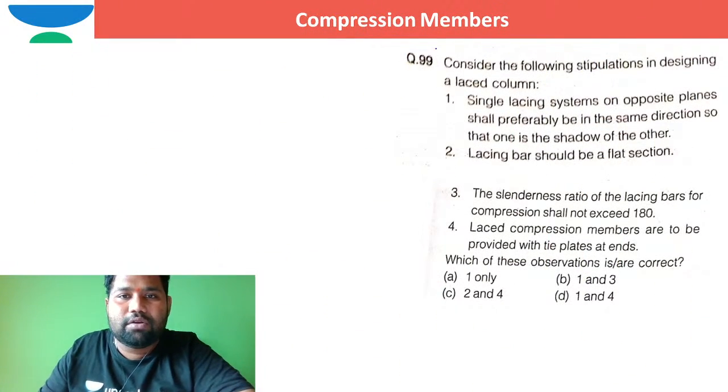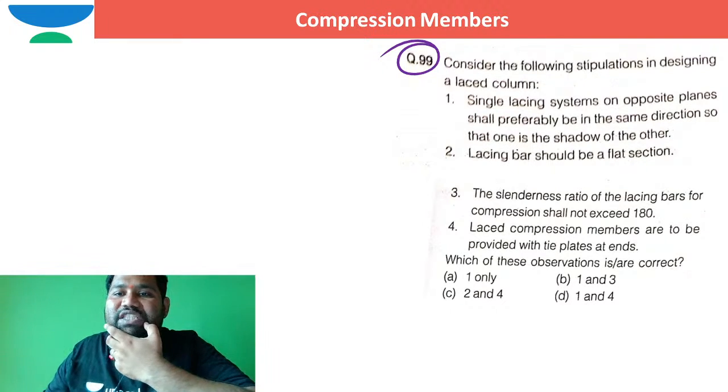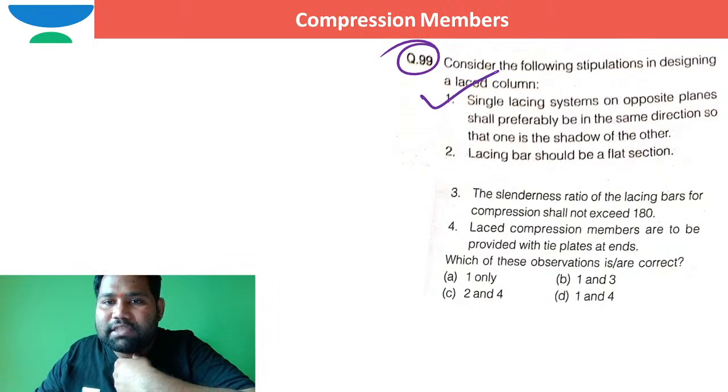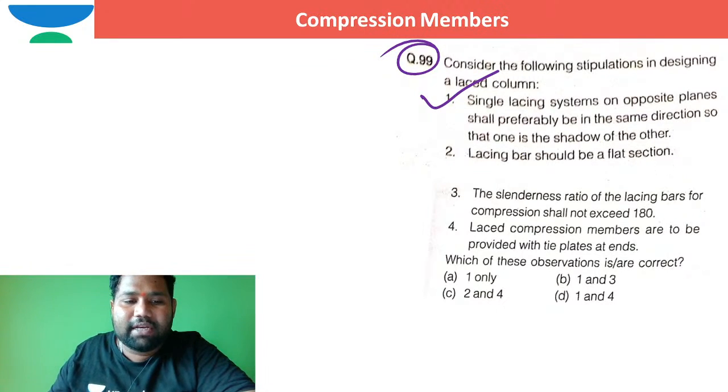Coming to the next question: stipulations in designing a laced column. A single lacing system on opposite planes shall preferably be in the same direction, so that one is the shadow of the other. Yes, this is correct. Lacing bar shall be of a flat section? I cannot say that a lacing bar shall always be a flat section.